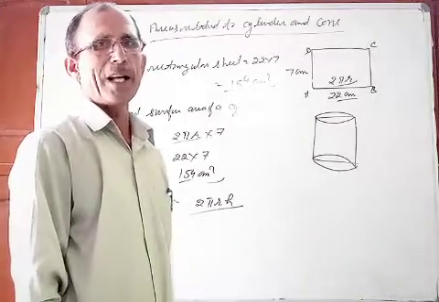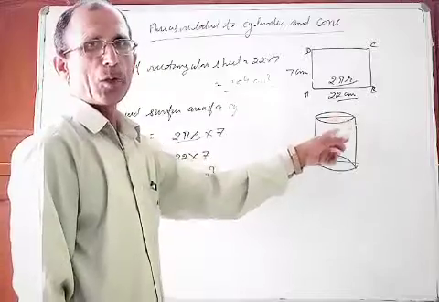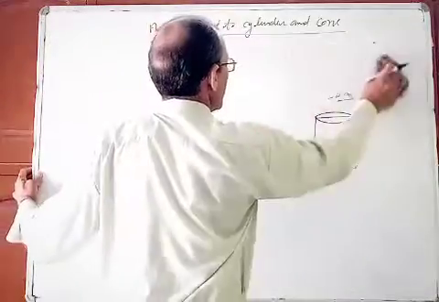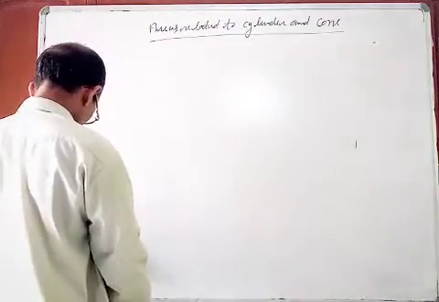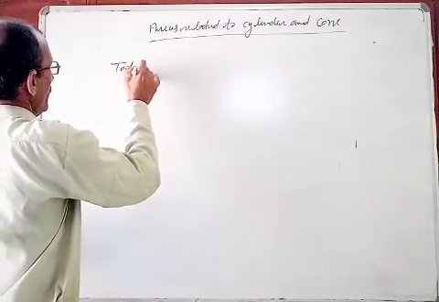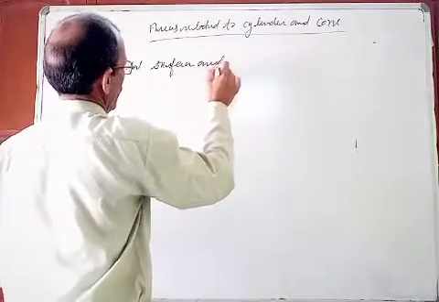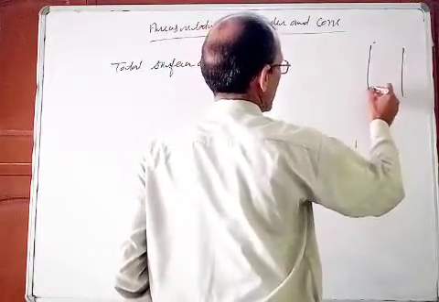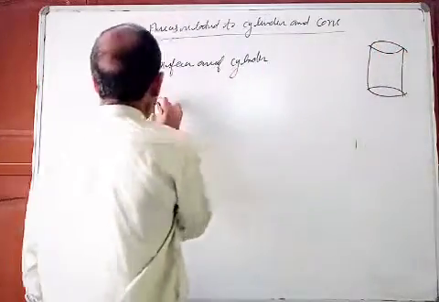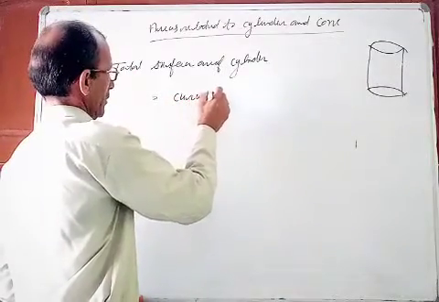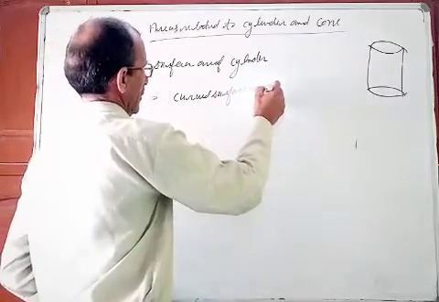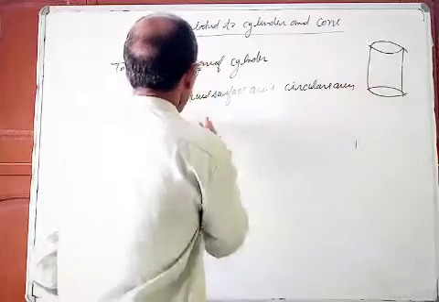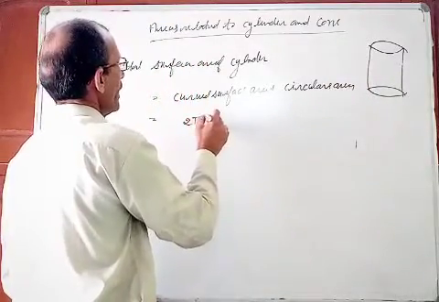Now, to find the total surface area of a cylinder, include both the base and top areas. So the total surface area of a cylinder will be equal to the curved surface area plus the circular areas. The curved surface area is 2 pi r h.